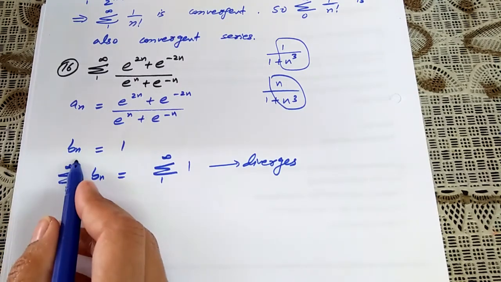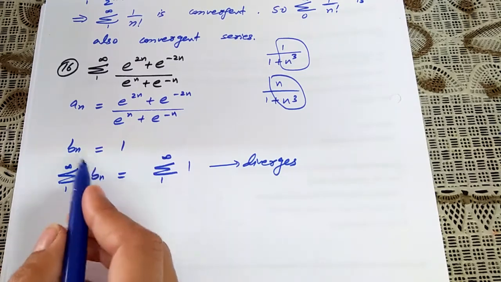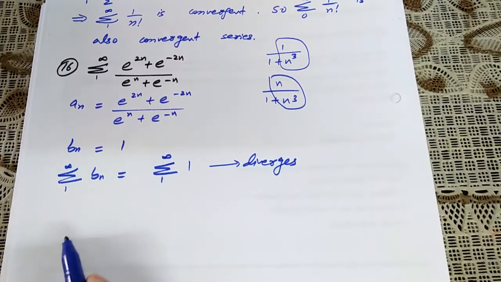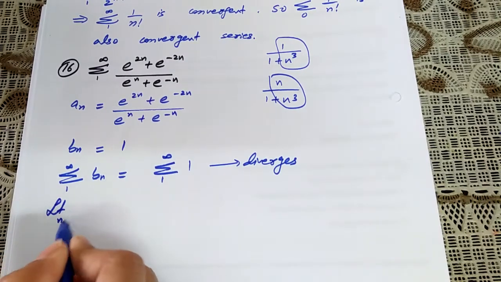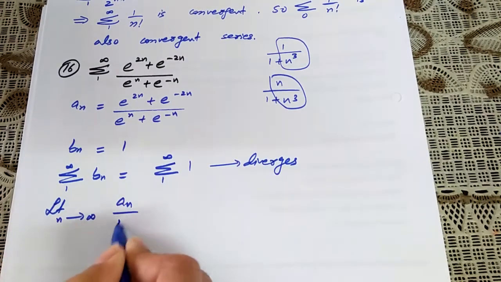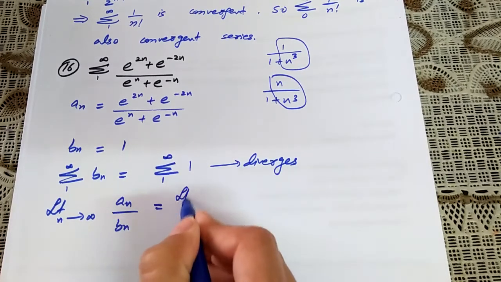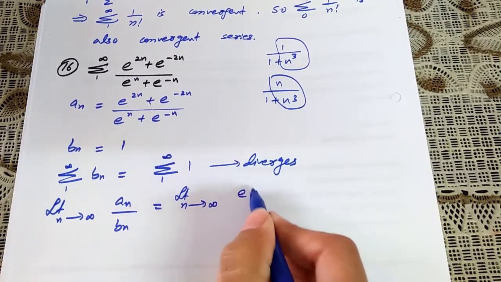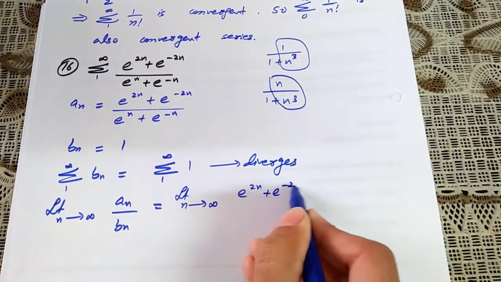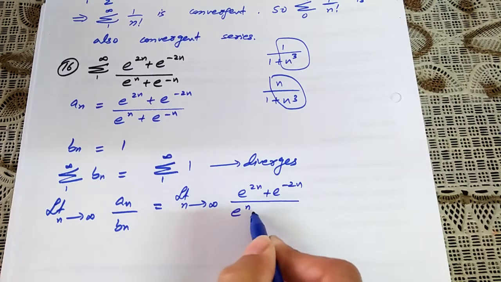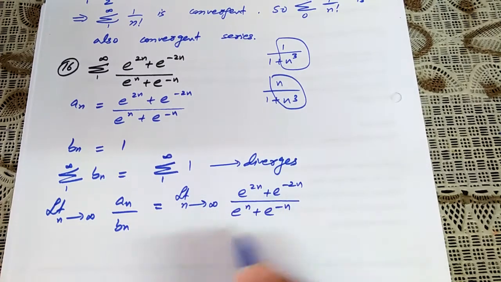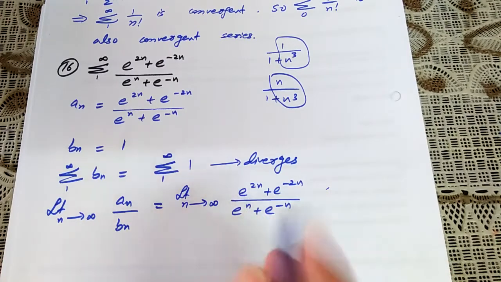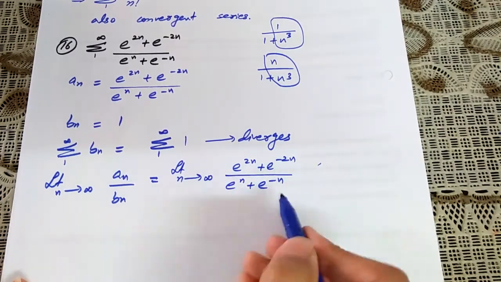If the limit is not equal to 0, then bn will have the same behavior as an. So limit n approaches infinity an over bn is equal to limit n approaches infinity of e raised to power 2n plus e raised to power minus 2n divided by e raised to power n plus e raised to power minus n, divided by 1. And that division by 1 plays no role here, so I'm not writing it.